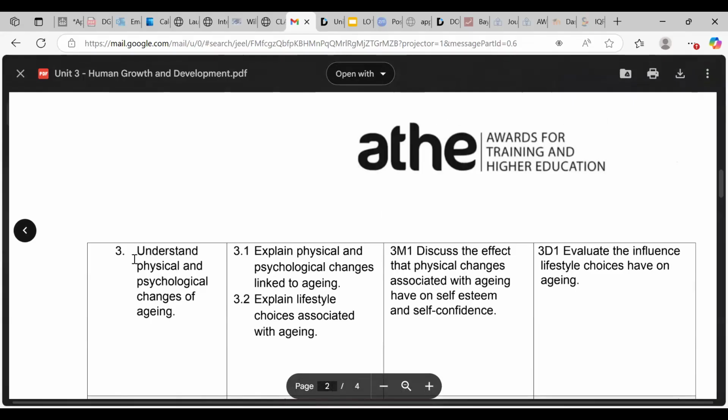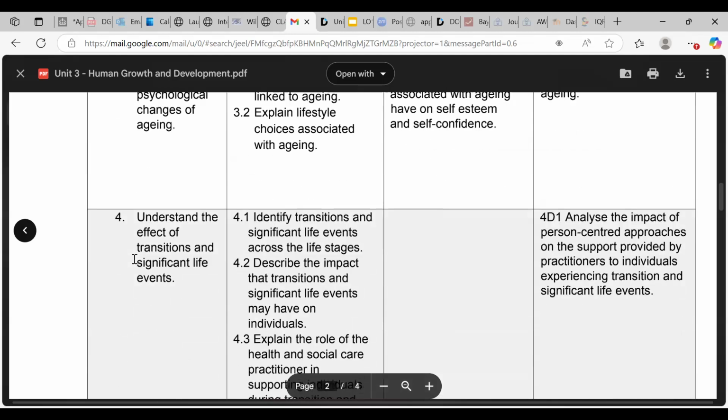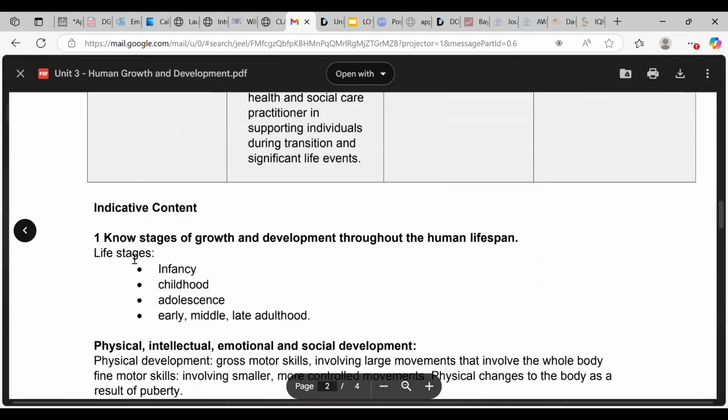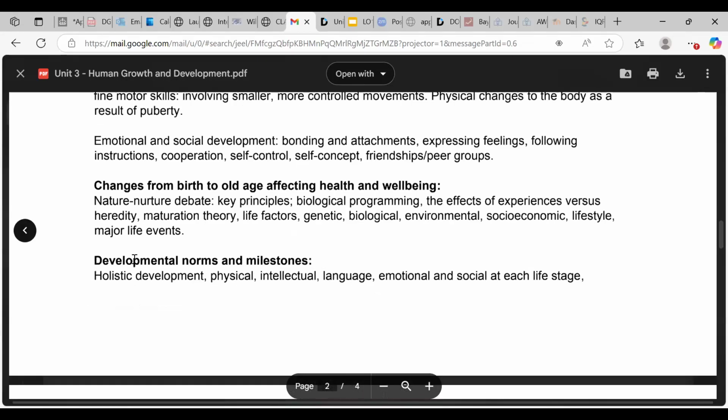The third learning outcome will focus on understanding the physical and psychological changes of aging. And the fourth and last learning outcome will be to understand the effects of transition and significant life events. We will do this as we go along the sessions. This was a brief overview of what is expected from you.